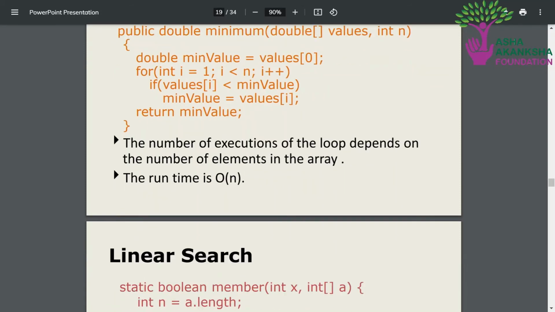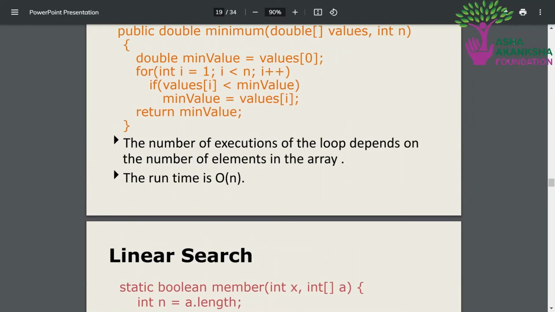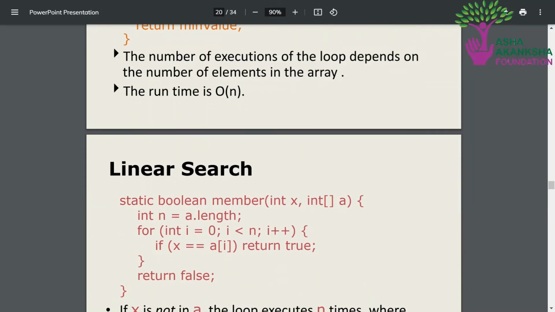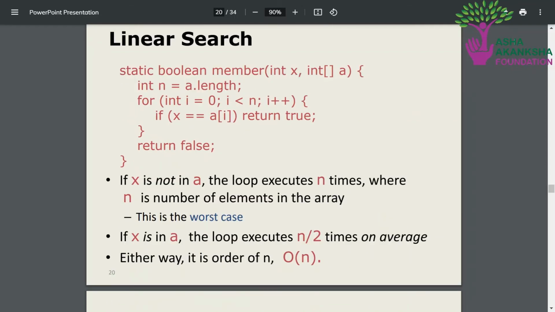So we can confidently say that the runtime, or the time complexity, is order of n, because we are iterating over all the elements in the array. Let's take another example, linear search. In linear search also, we are searching for an element in the whole array. So here also the time complexity would be order of n.